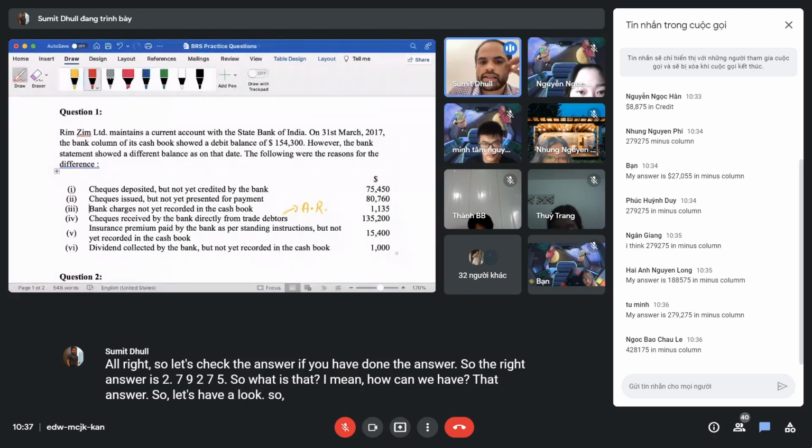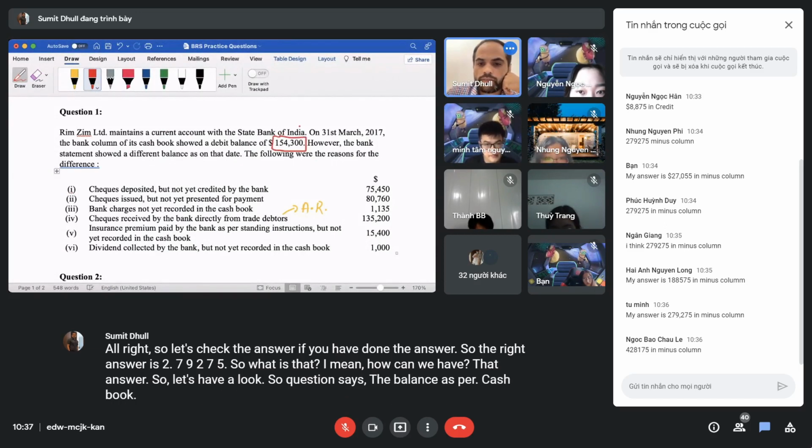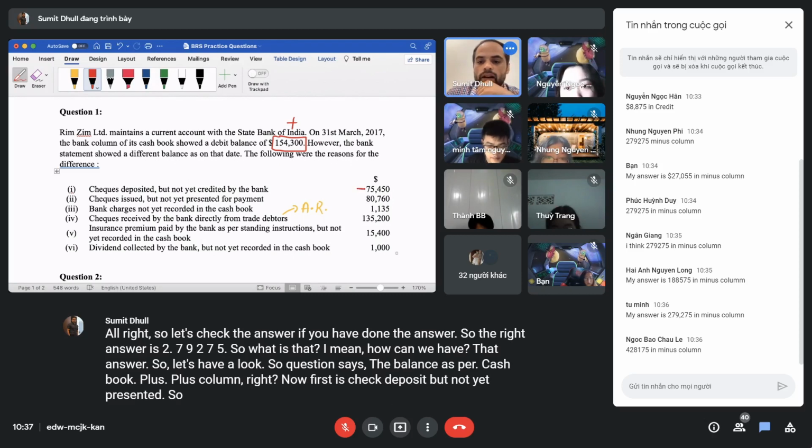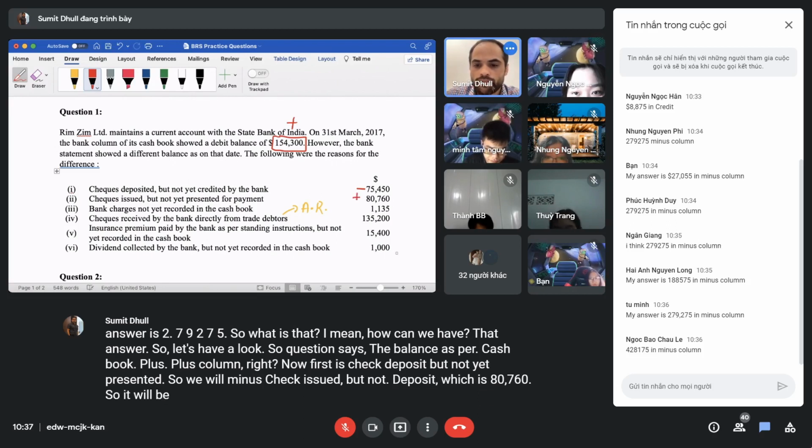The question says the balance as per cash book is the plus column. Now, first is checks deposited but not yet presented, so we will minus. Checks issued but not presented, which is 80,760, so it will be plus.